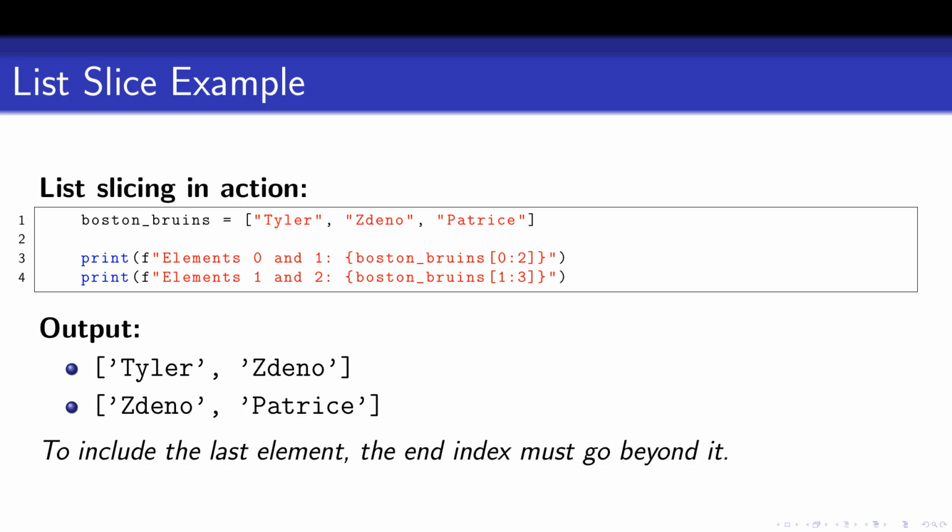Slicing is especially useful when you want to access specific portions of a list, whether it's the first 2 items, the last 3, or a middle segment. You can use index ranges like 0:2 to get the first 2 items, or 1:3 to get the second and third. If you want to include the final element, the end index must go 1 past the actual last index.